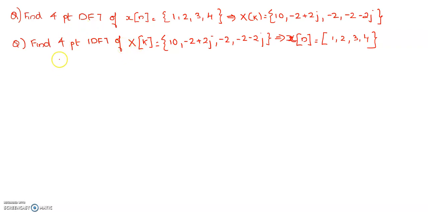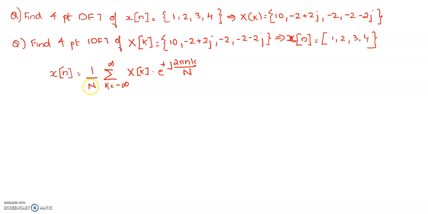Now you know the formula that is to be implemented. x of n is equal to 1 by capital N, summation k equal to minus infinity to infinity, x of k e raised to plus j 2 pi nk by capital N. Please note there are a few changes compared to the other formula.